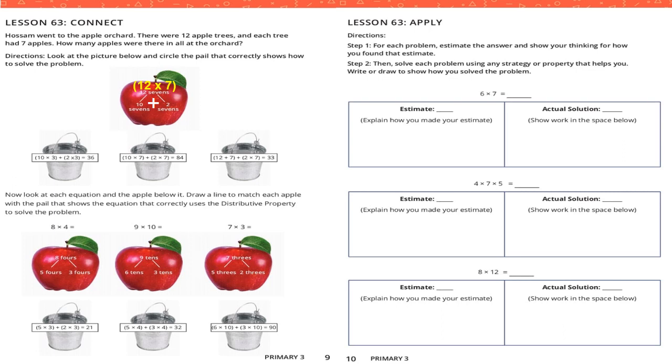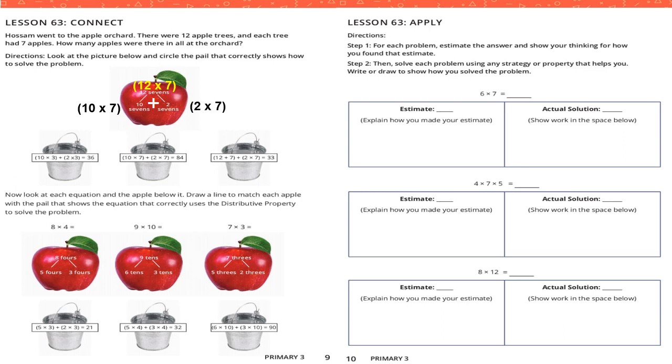Inside each tree we have 7 apples. So 12 times 7. Here we split this 12 into 10 sevens plus 2 sevens. 10 sevens means what? 10 times 7. 2 sevens means what? 2 times 7.